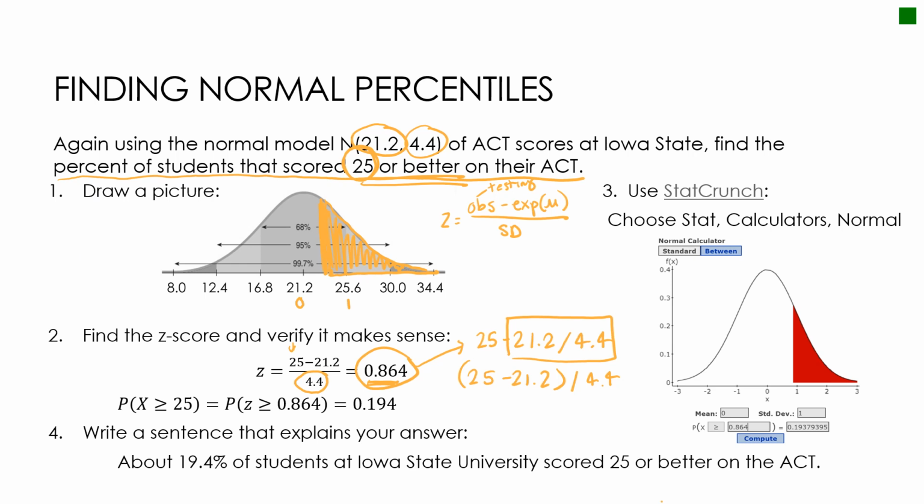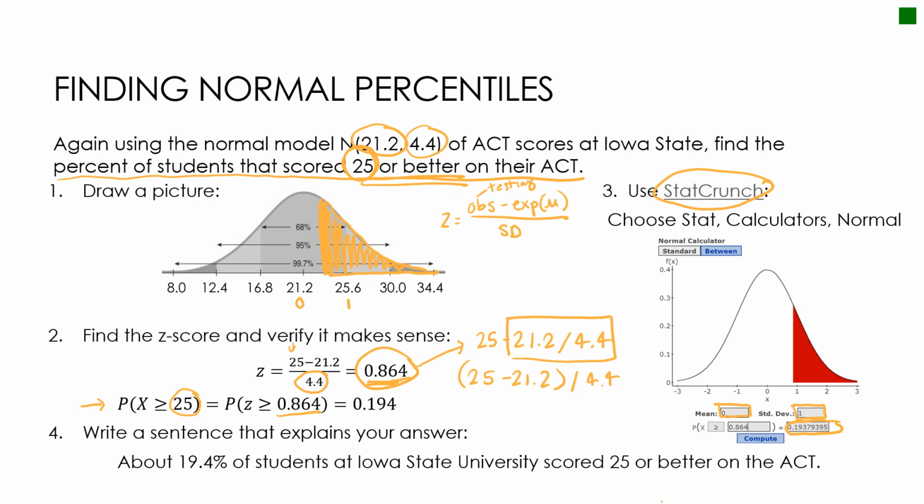Then I'm going to write my probability notation. And my probability notation says I'm finding the probability that my value is greater than or equal to 25. That is the same as the probability that z is greater than or equal to 0.864 because I just found that value to be true. And then I'm going to use Statcrunch to determine the decimal probability. So in Statcrunch, notice I'm using 0 for mean and 1 for standard deviation.